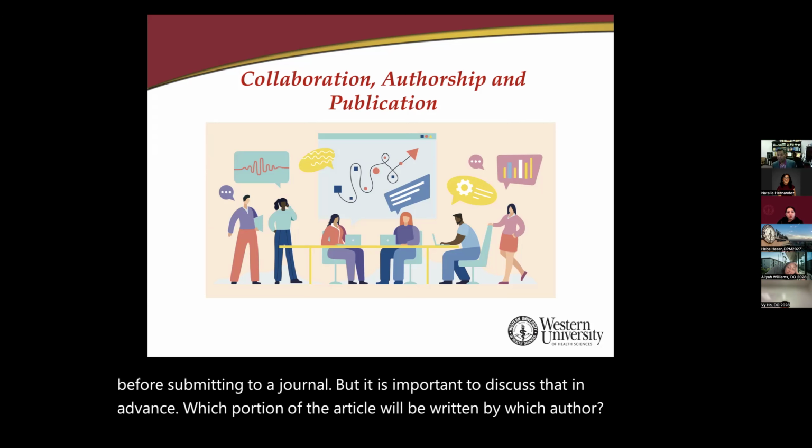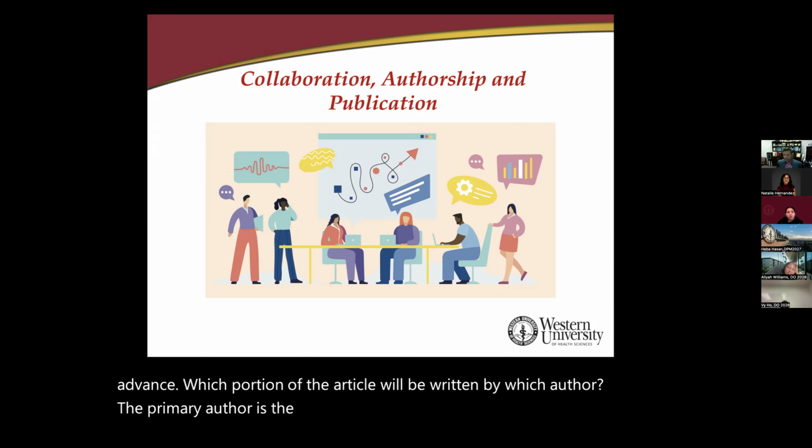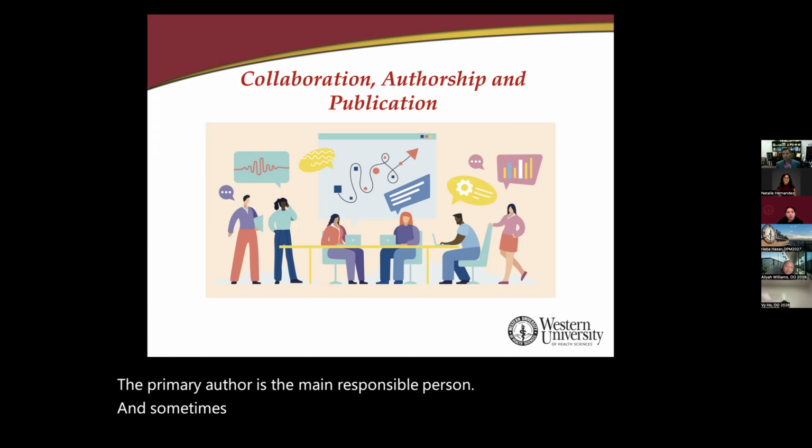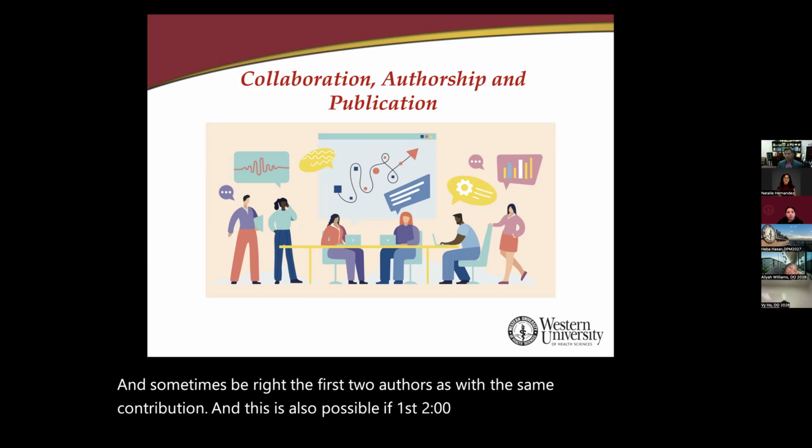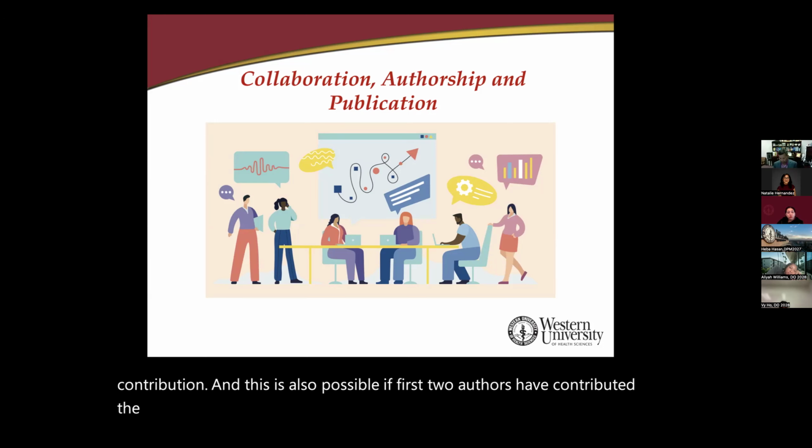The primary author is the main responsible person, and sometimes we list the first two authors as having the same contribution. This is possible if the first two authors have contributed the same amount of work to the published findings.